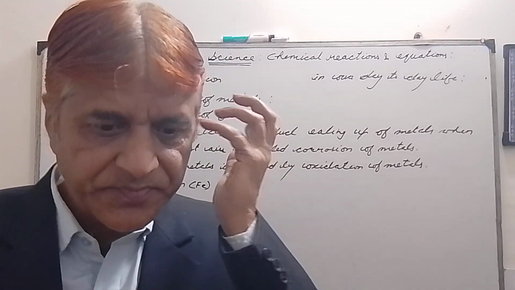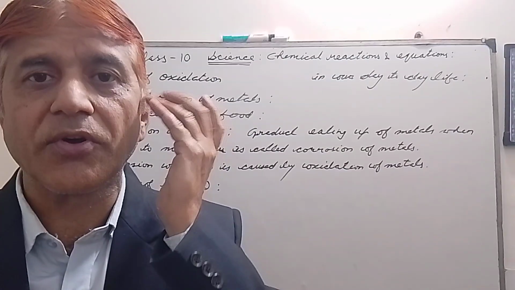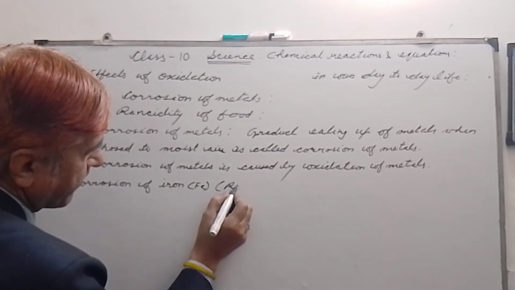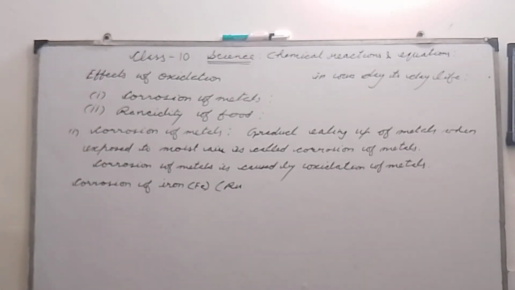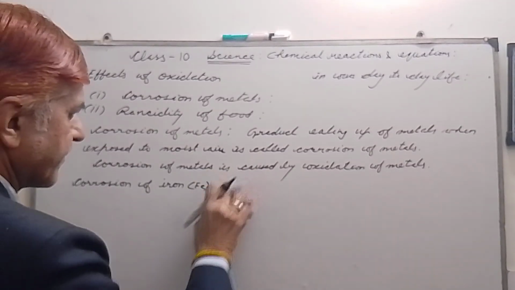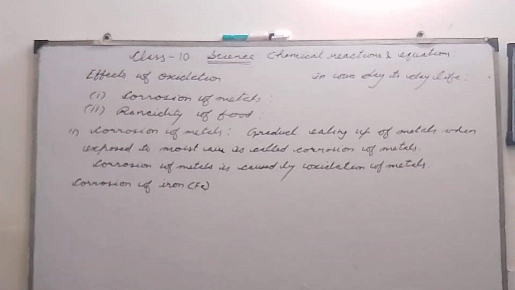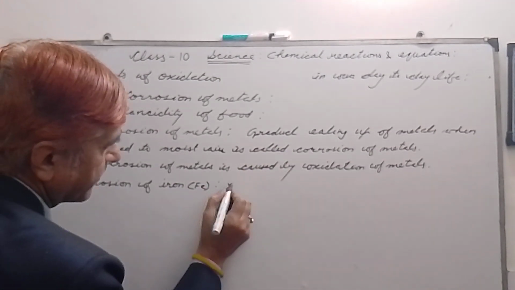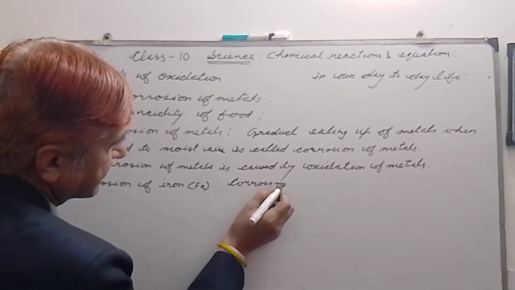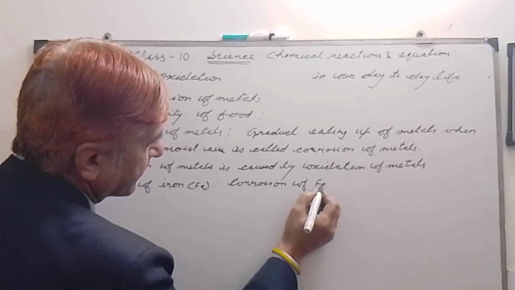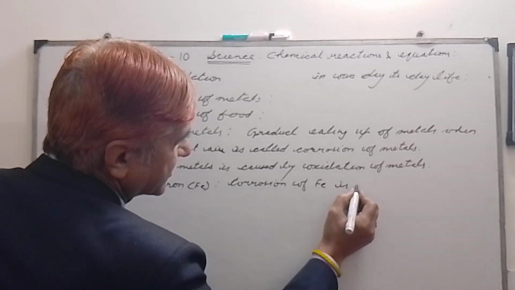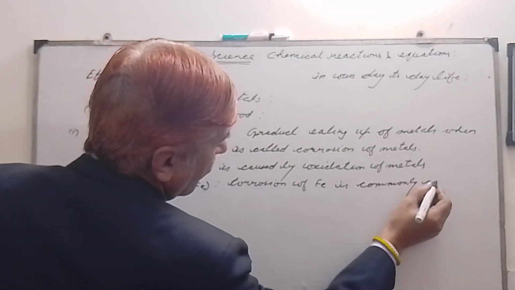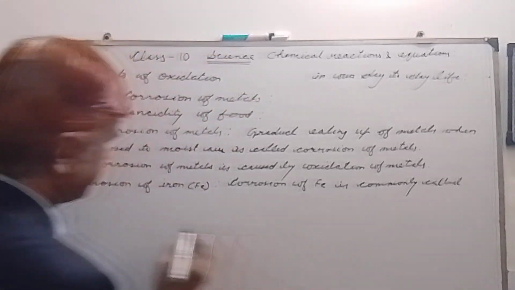My dear students, corrosion of iron is also called rusting. Corrosion of iron is commonly called rusting.